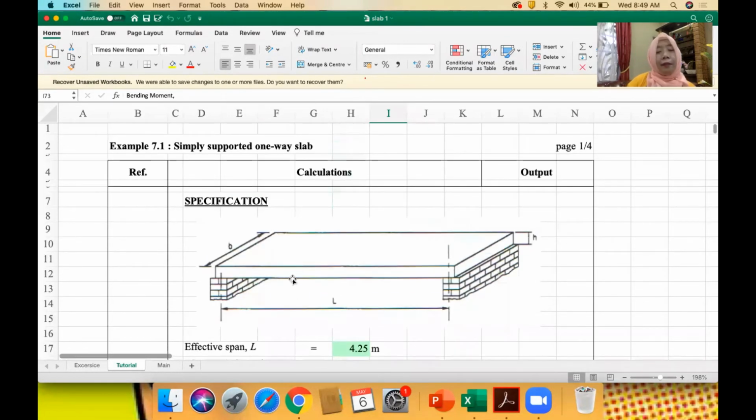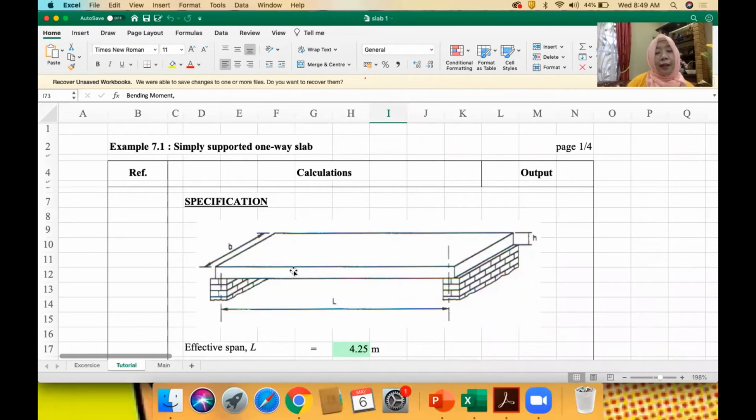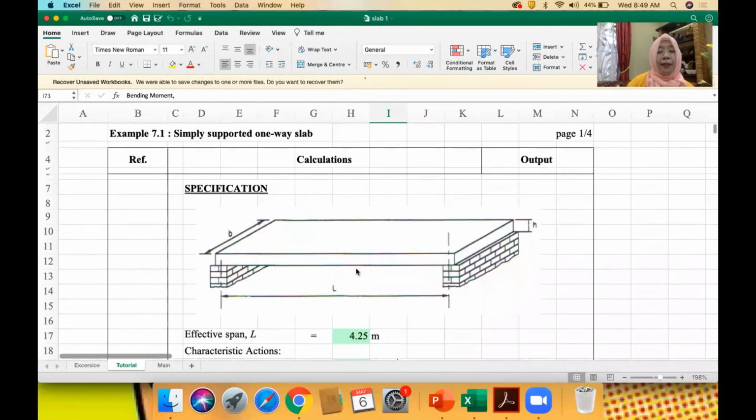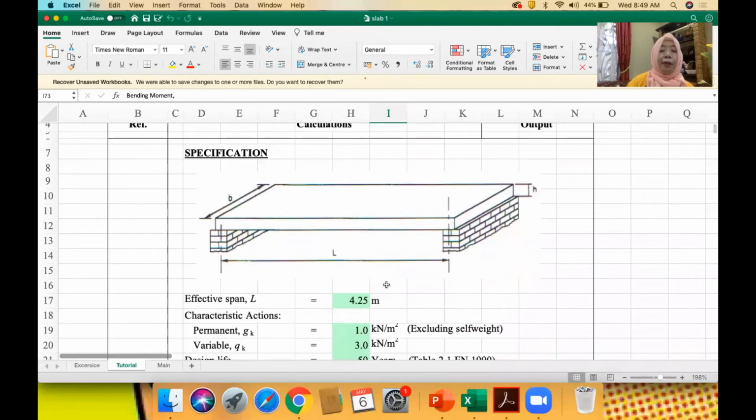What we need to find is the thickness of the slab. Here the thickness is not given, so we need to find what the thickness of the slab is. It's just like your project, you need to find what h is.